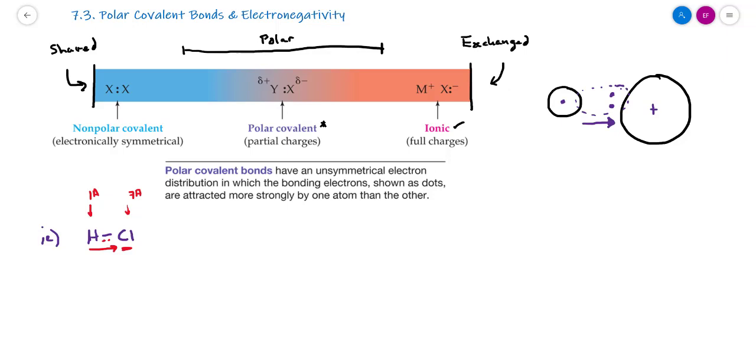We use this little Greek letter delta, which looks like a little squiggly, to tell us about the partial negative and partial positive characters of the individual atoms. If the electrons are not being equally distributed in this molecule, then they're being pulled this way, which means this would be a little bit more negatively flavored and this would be a little bit more positively flavored. So we'd say that there's partial positive character on the hydrogen, and partial negative character on the chlorine atom.